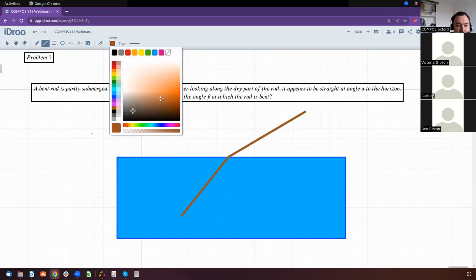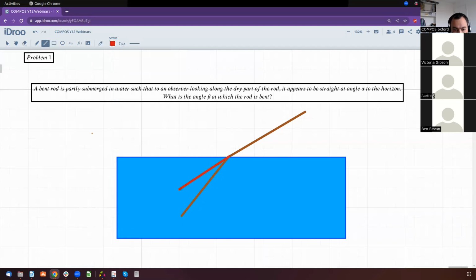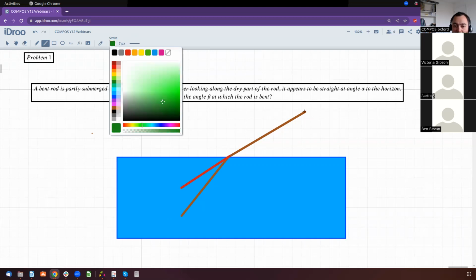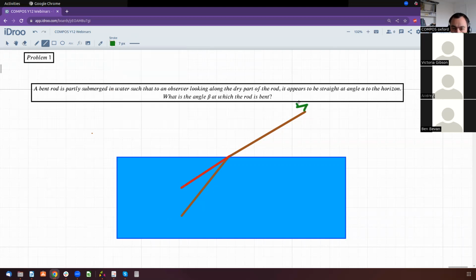But to a person looking from here, along the dry part of the rod, it looks like a straight line, and the angle is alpha. And we need to find this angle, beta. Does everyone understand the question?